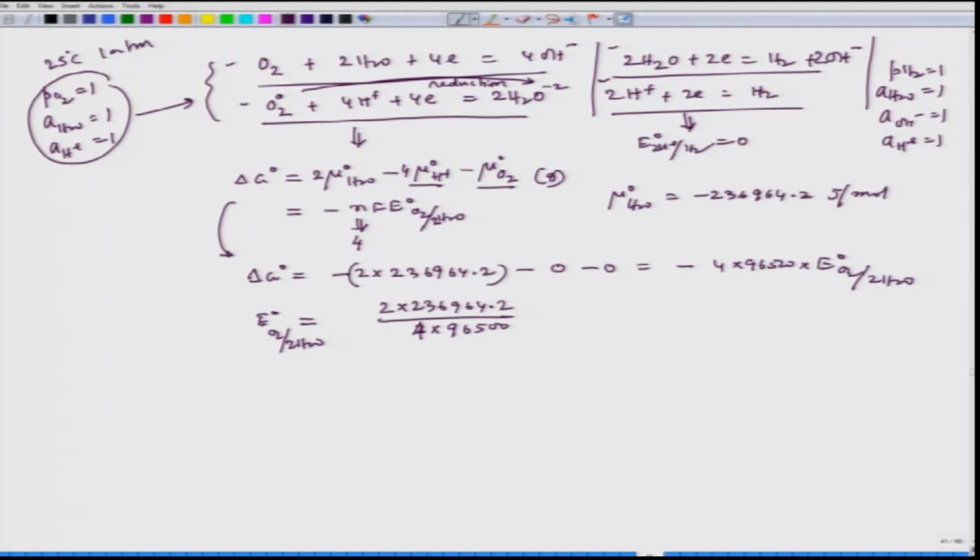So, it becomes 2 into 236,964.2 divided by 4, which becomes 1.227 volt. So, we can also calculate the standard reduction potential for this reaction. So, this is the value. Like that we can calculate for other reactions.